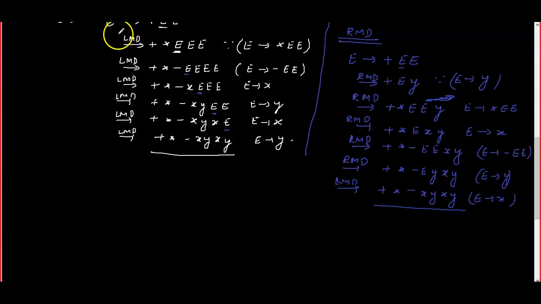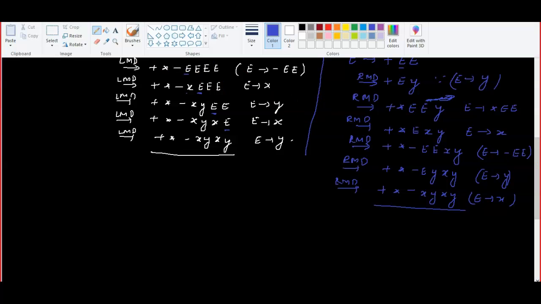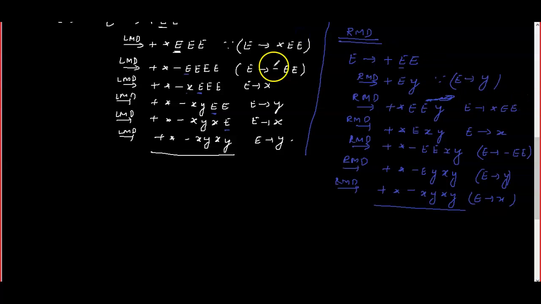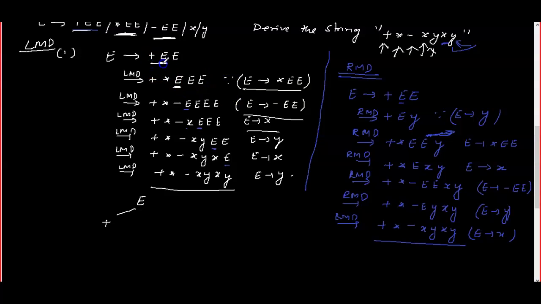Now you have to derive the parse tree. By using whatever I have written here, you can draw the parse tree. So first is what? E derives E plus E, this first one.